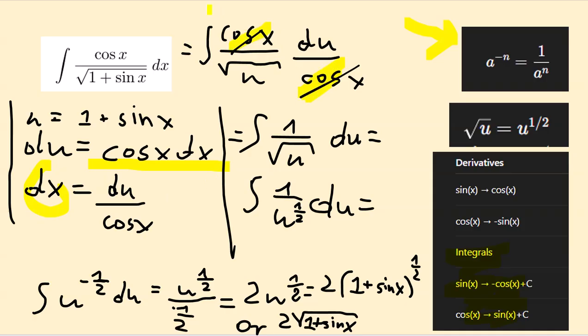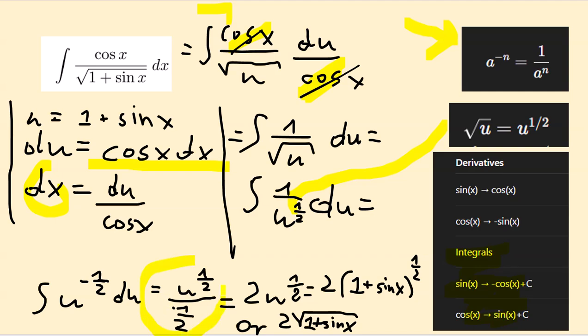Cosine was removed and there will be 1 left, so we have the integral of 1 over the square root of u. And we can use this rule, that the square root is the same as u to the power of 1/2. We change the square root so we could apply the power rule.